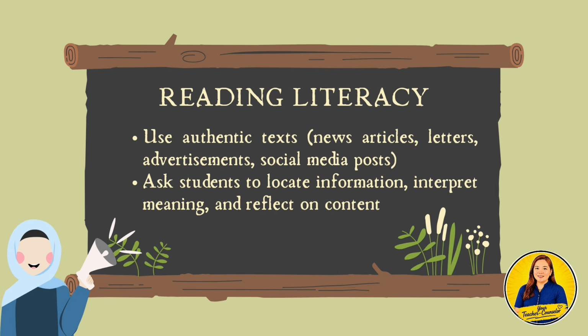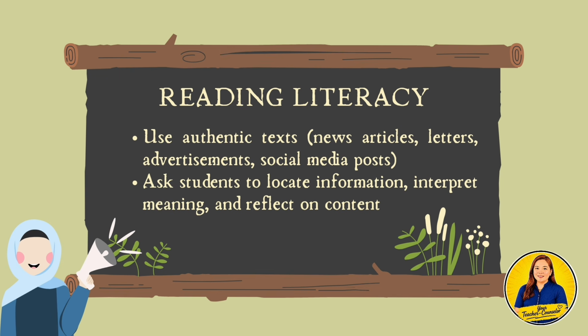For reading literacy, the approach is to use authentic texts such as news articles, letters, advertisements, and social media posts. This ensures students are engaging with the kinds of texts they'll actually encounter in real life, not artificially constructed passages designed purely for testing purposes.